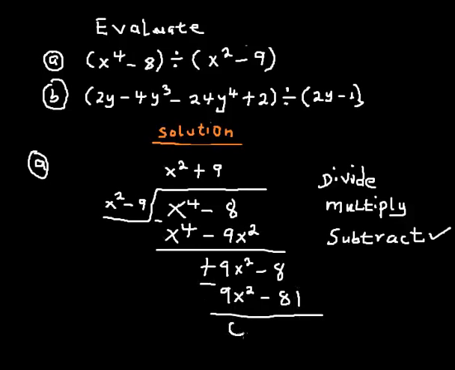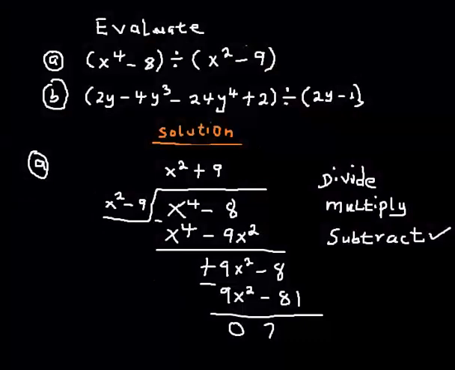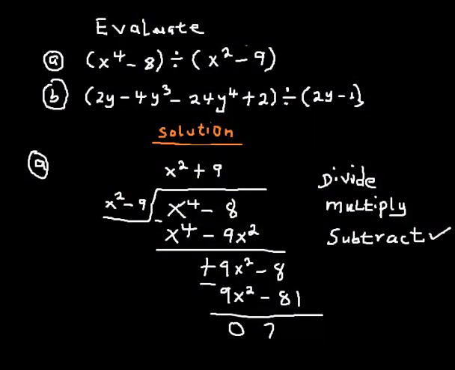Here I'm having 0. Then minus 8 minus minus 81, that's plus. Minus 8 plus 81 should give me 72, if I'm not mistaken. Let me get a calculator. That's 81 minus 8, right? Okay, 73. So my remainder is 73.